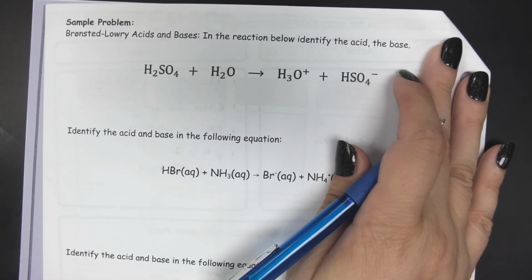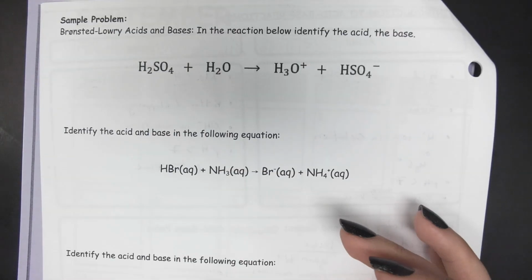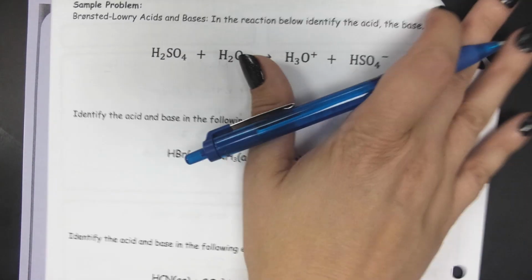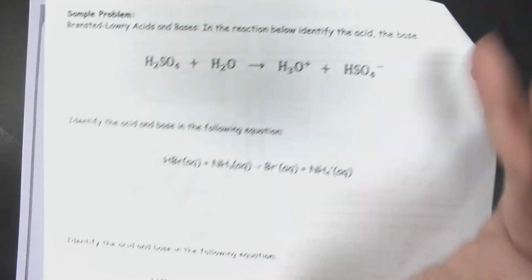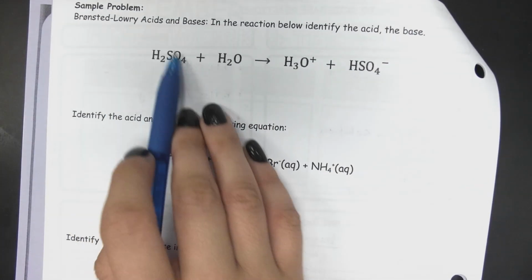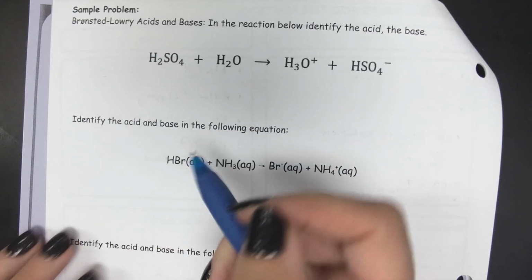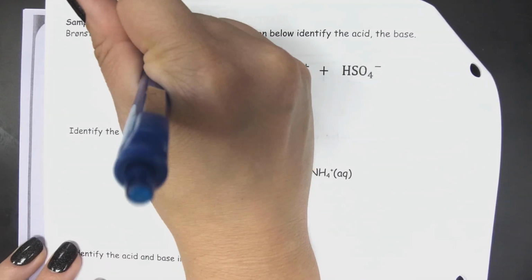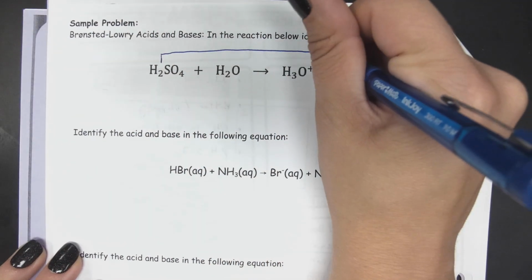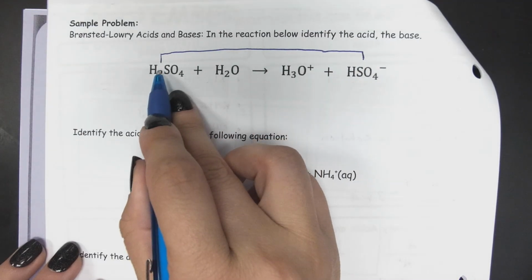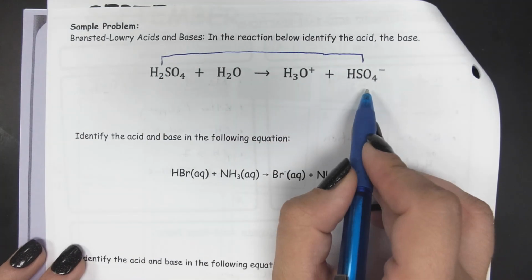All right, let's do one of these quickly together, and then we'll save the rest for class, just to remind ourselves. So I'm looking at this, and I'm asking myself, I see this H2SO4, but I say, what did it turn into? And this H2SO4 turned into HSO4-. So it went from having two hydrogens to just having one.